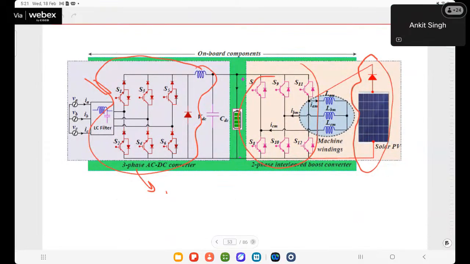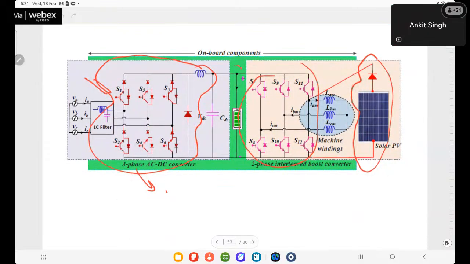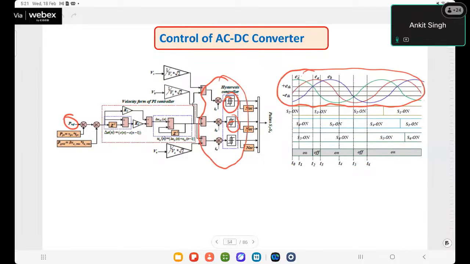Here the battery is connected in a single stage, but the three phase supplies are there, so no low frequency ripple will appear.